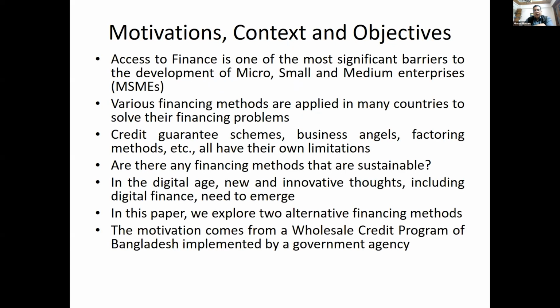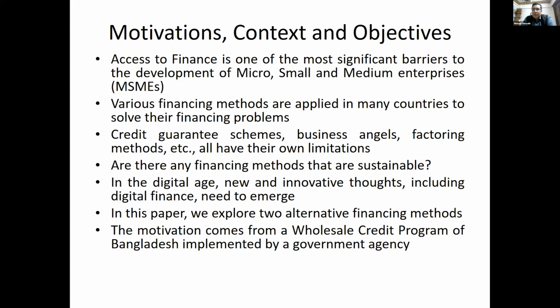Okay. The motivation first comes from the access to finance issues of the SMEs. As you know, the SMEs' main bottleneck all over the world, particularly in the developing world, is barriers to access to finance. And to solve these barriers, many governments are trying many types of models so that SMEs can get credit with lower interest and without collateral.